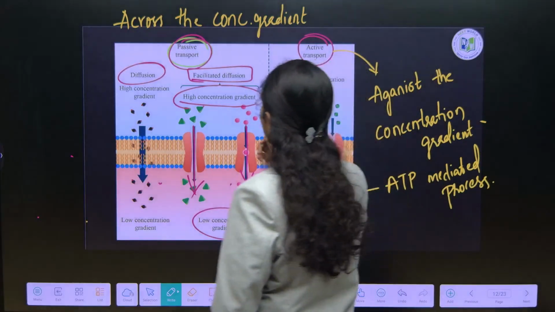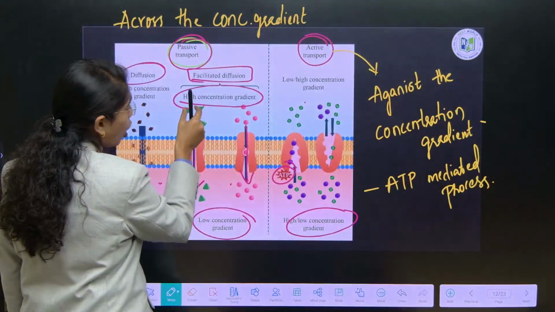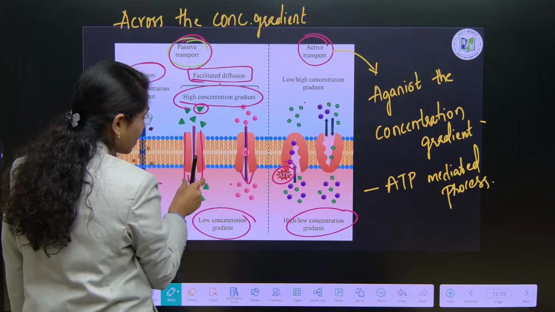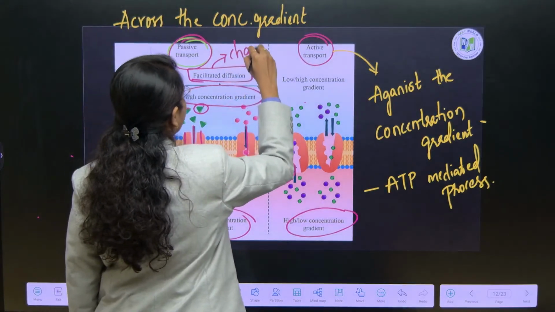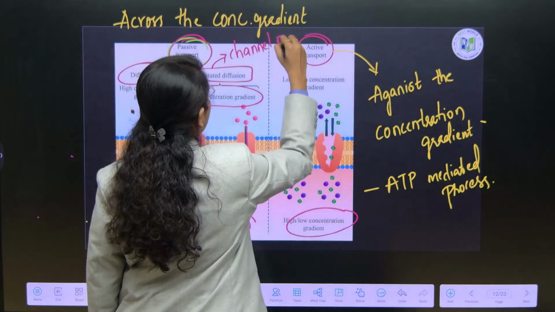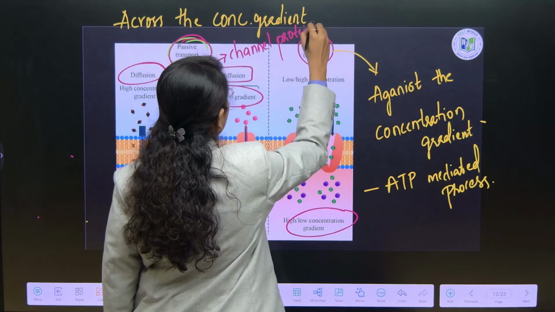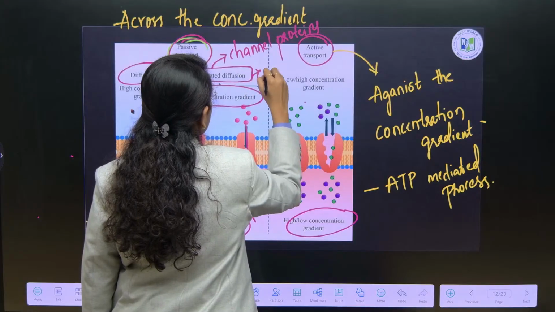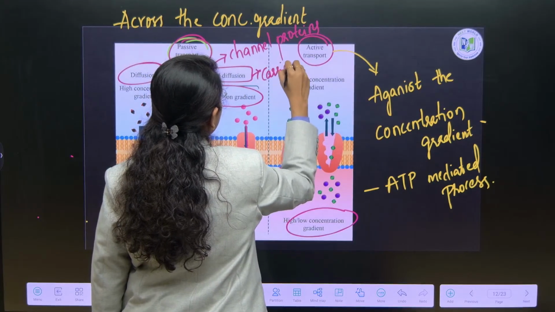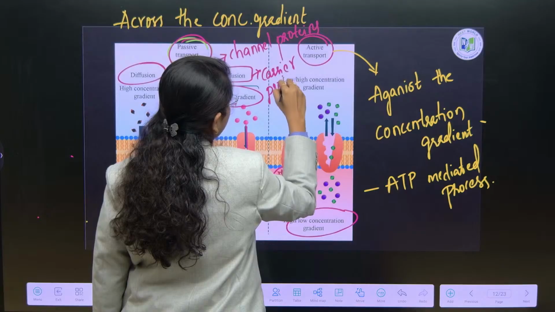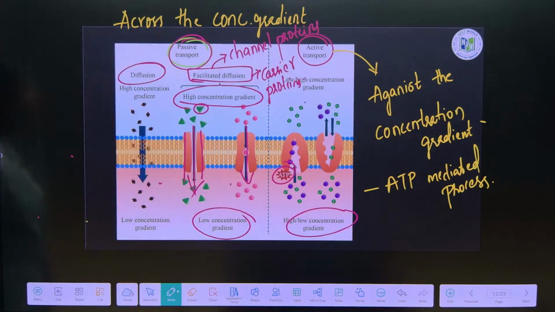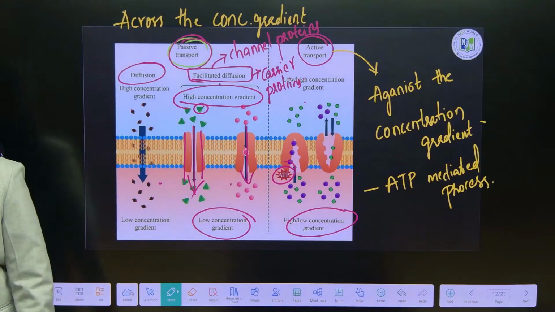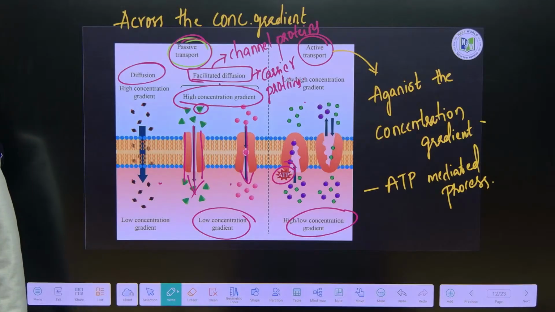The movement of the molecules is facilitated either through channel proteins or carrier proteins. Any doubts anywhere? Till here everything is clear, right? Cell wall, cell membrane and its functions.